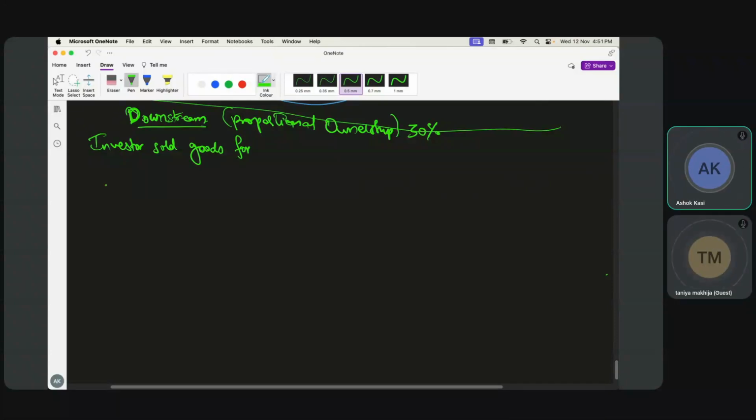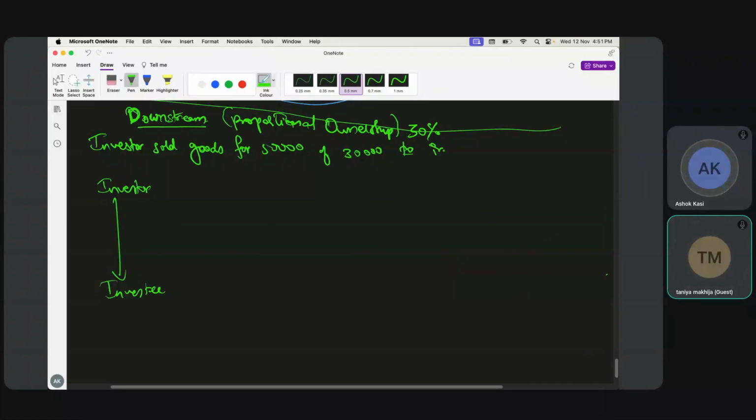So what does downstream mean, first of all? Downstream, investor and investee: now the investor is selling to the investee. So the investor sold goods for 50,000, of cost 30,000, to the investee. Then the investee further sold 80% of those goods.